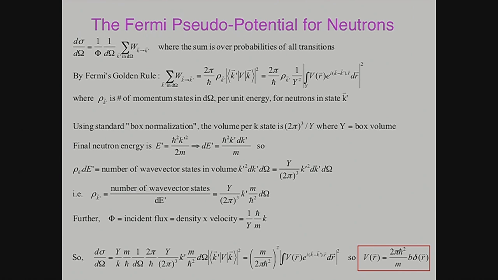The interaction potential of neutrons with nuclei is a very complicated thing. It's a short-range, extremely strong potential. But because the nucleus is so small relative to the wavelength of the neutron, you can think of the potential being effectively just a delta function. And the effect of the potential is the same as the effect of a delta function potential.